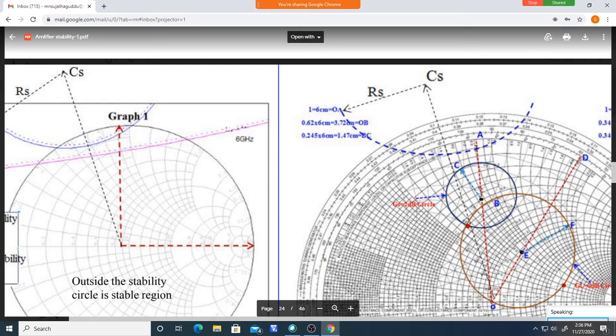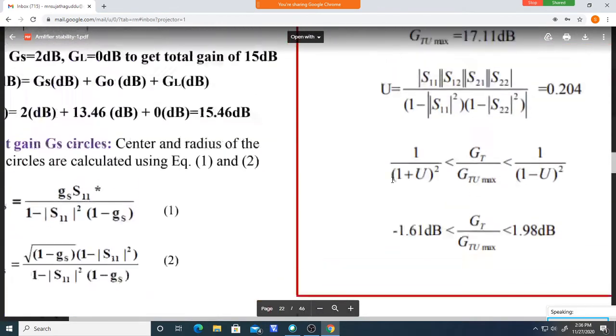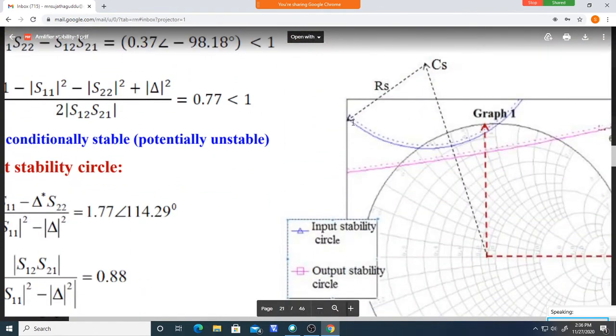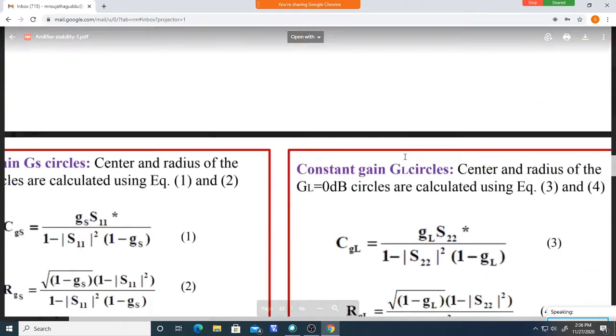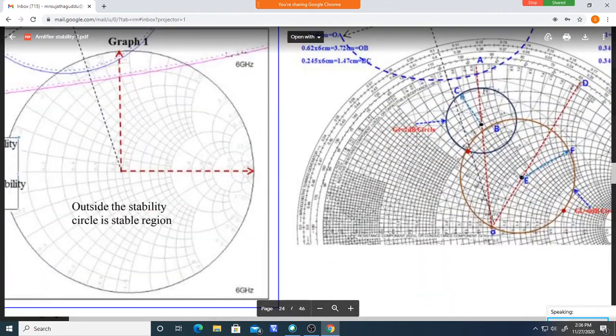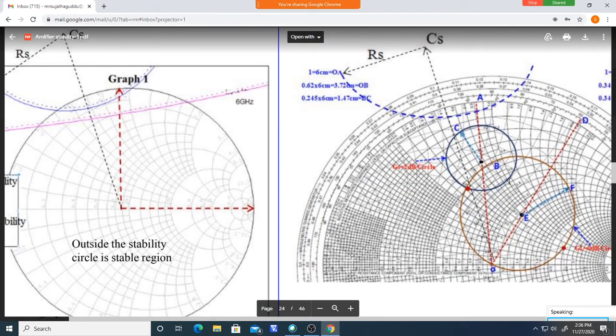This is the input stability circle, which I have said already, CS and RS. I have shown it already. And we have drawn the 2 dB gain circle. So our 2 dB circle lies fully outside this stability circle.